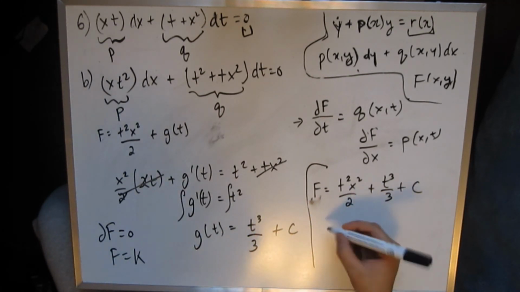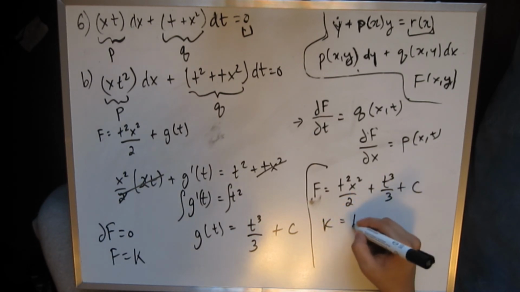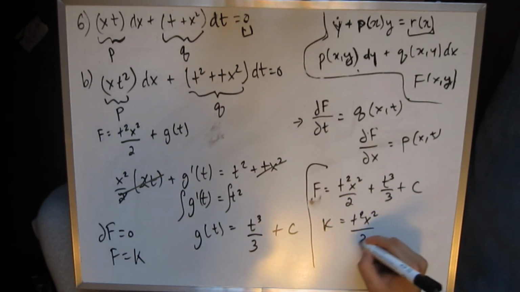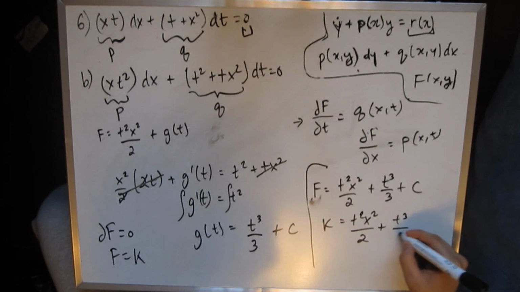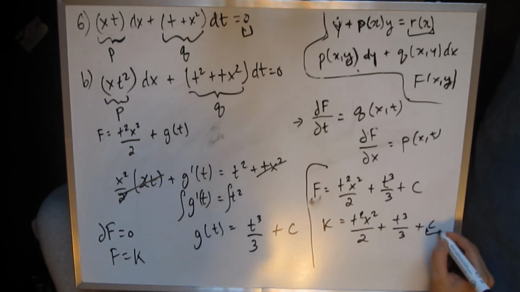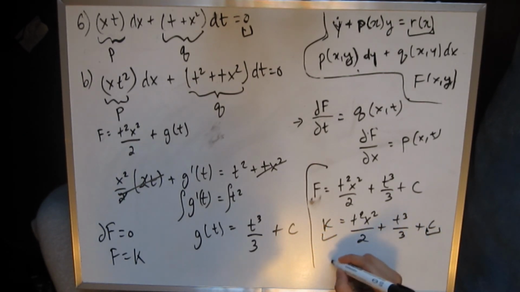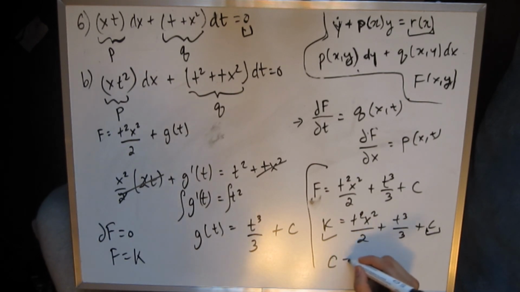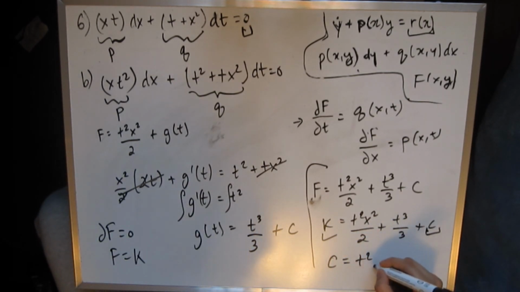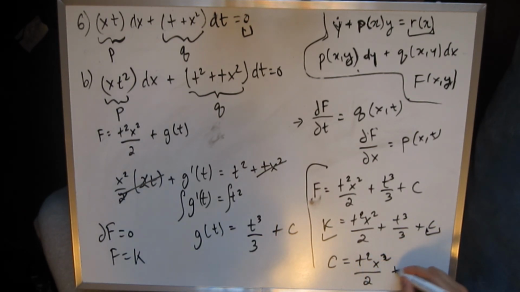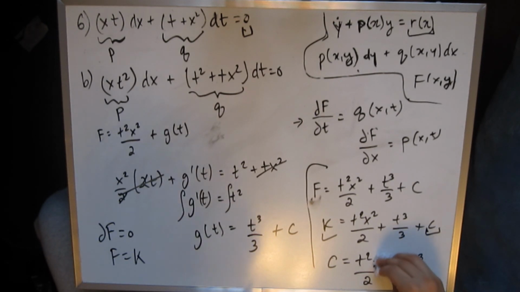So k is equal to t squared x squared over 2 plus t cubed over 3 plus c, and the c and the k can easily get absorbed, so you can either use c or k. In this case I'm going to use c. c is equal to t squared x squared over 2 plus t cubed over 3, and that's actually your final answer for question 6.